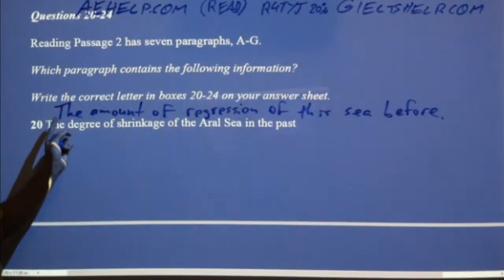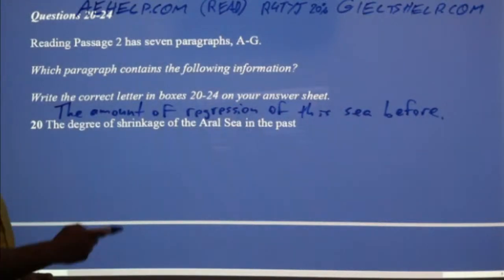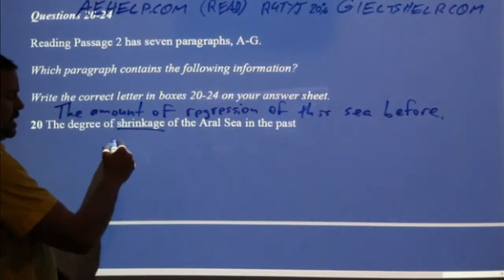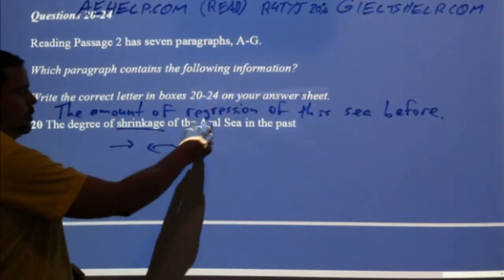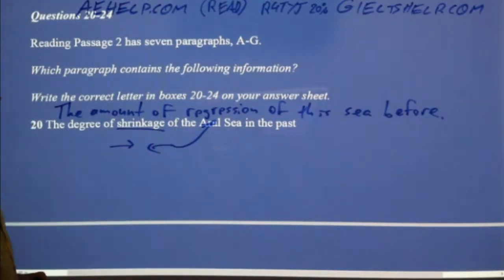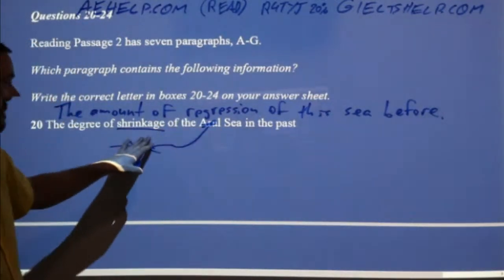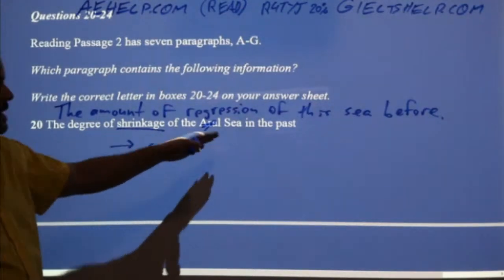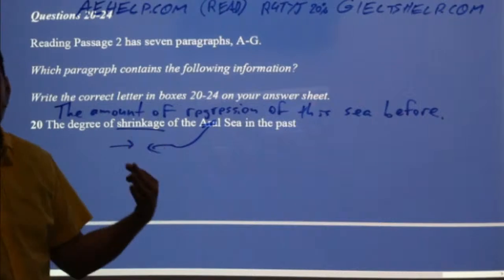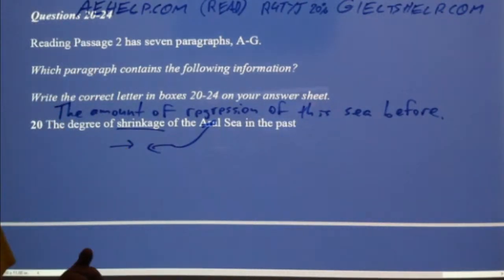In this case, I'm writing the same statement, just with my own words. So another word for shrinkage. Shrinkage means to become smaller. Okay. So another word for that is regression. Okay. To regress, to become smaller. If you don't know the word regression, just say to become smaller. So the amount of the RLC becoming smaller in years before. So using your own words. Okay. All right. Okay.